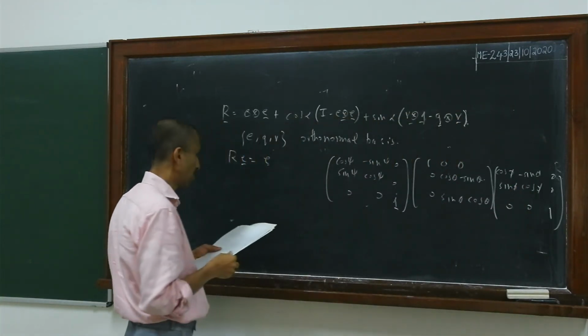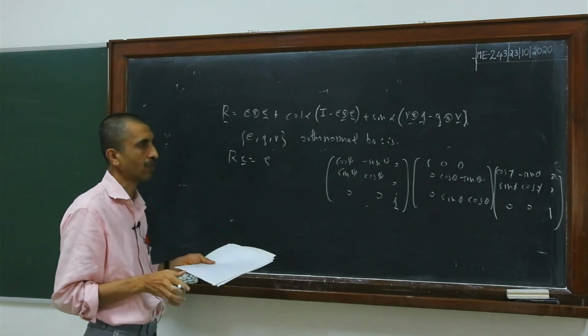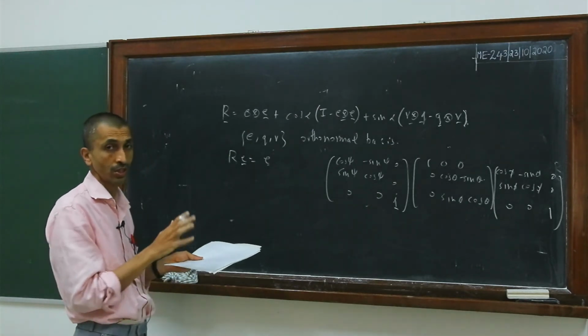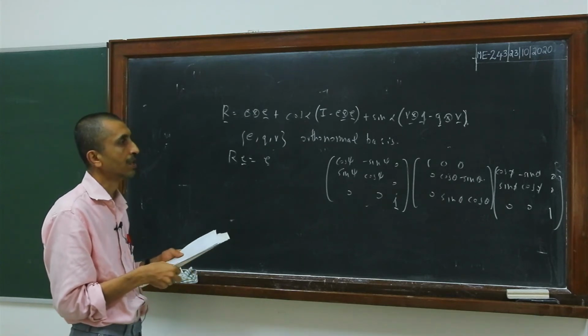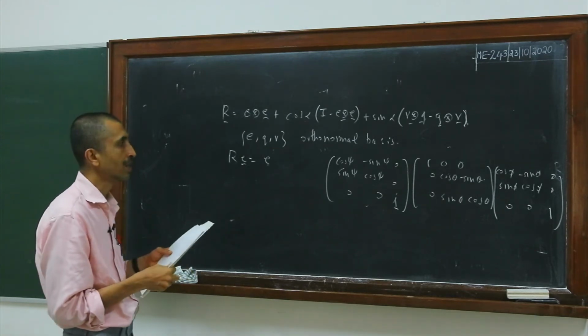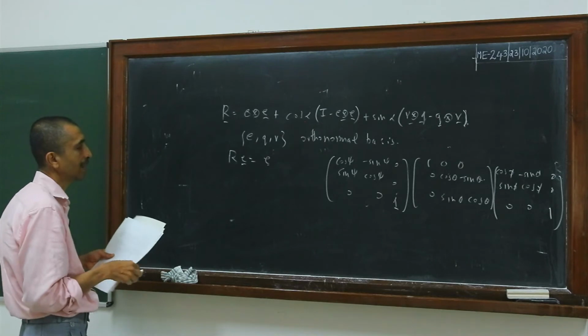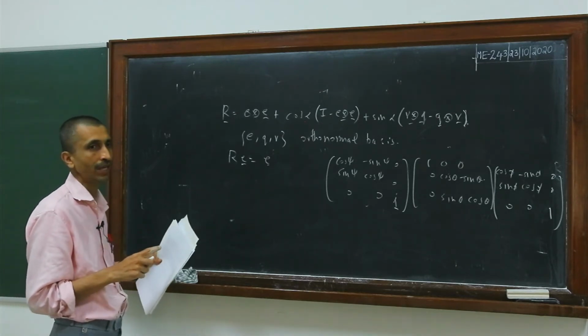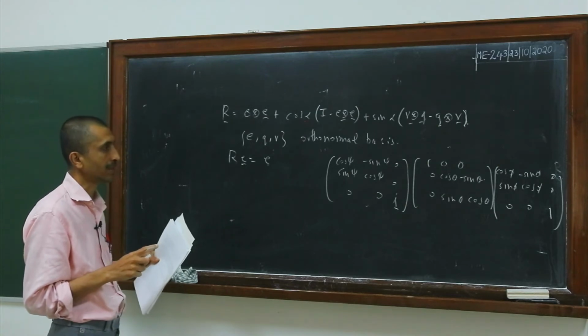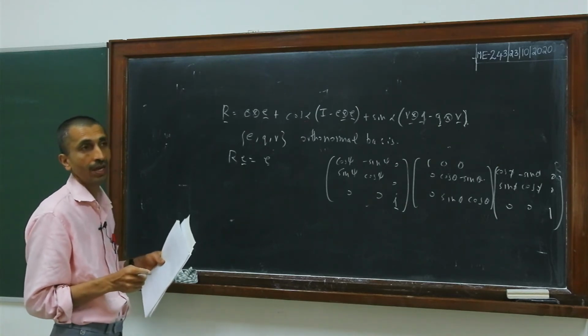No matter what representation you use, you will require three parameters. The idea is that you can set up a mapping between the space of orthogonal tensors and skew-symmetric tensors.